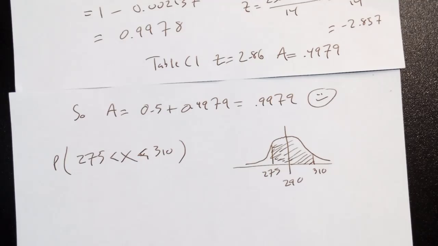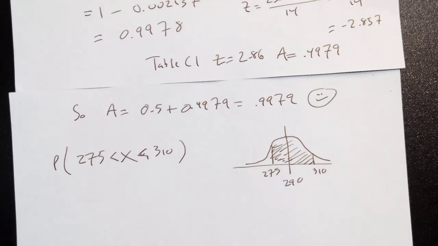I can't do the cumulative because it doesn't go all the way. I could do the cumulative and go all the way to 310, right? But that would include this little area over here on the left that I don't want. So how would I get rid of that? Exactly.